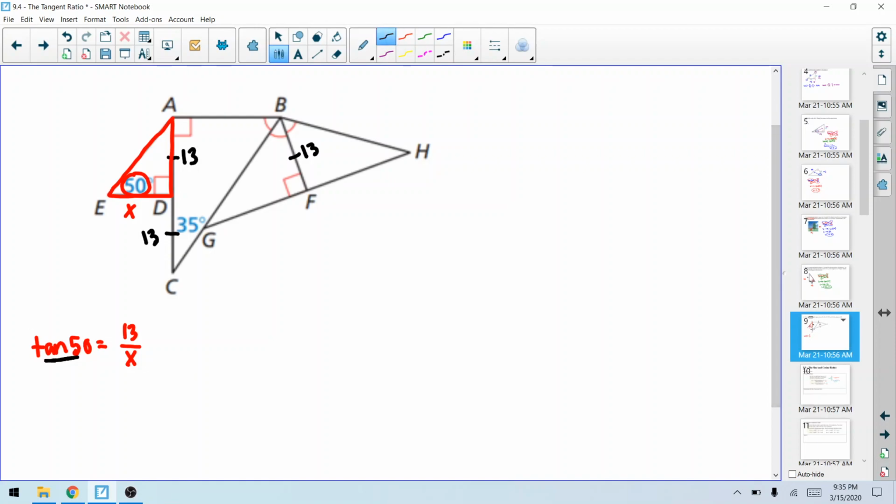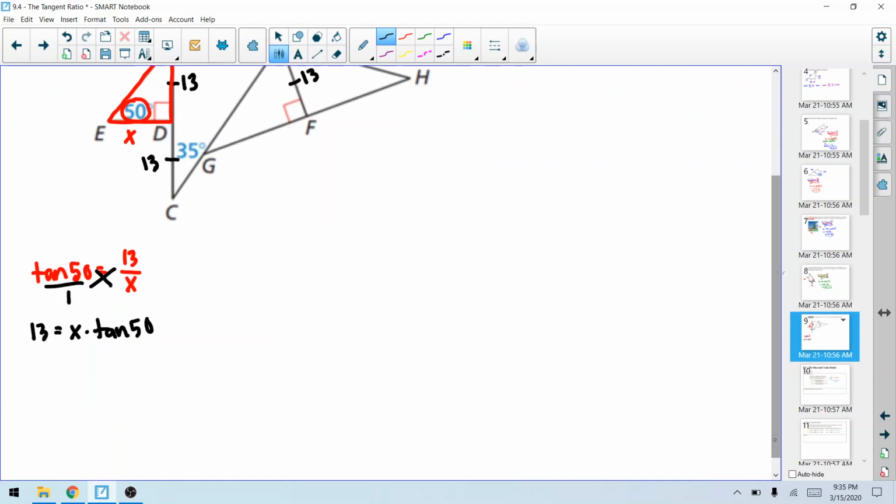I'm going to put this over 1. I'm going to cross multiply. 13 times 1, 13 equals x times the tangent of 50 degrees. Now in this particular example, we do not have x by himself yet, so we have to divide by the tangent of 50, divide by the tangent of 50.